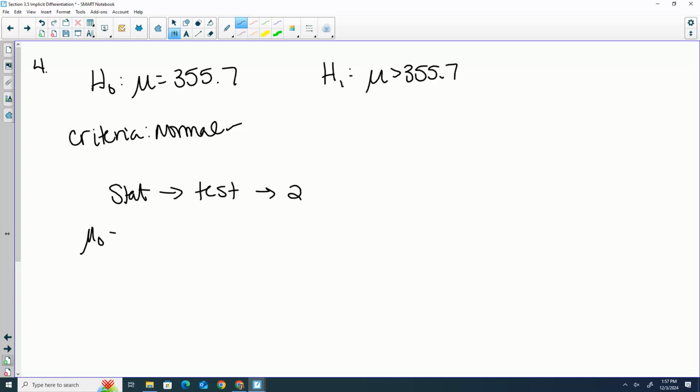The mu of the null is 355.7. X bar, that's the mean of the sample. If we go back, what was the mean weight of their mice? And the standard deviation of their mice. And the number of mice. Okay.